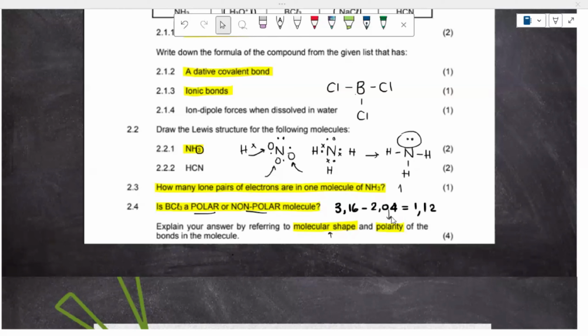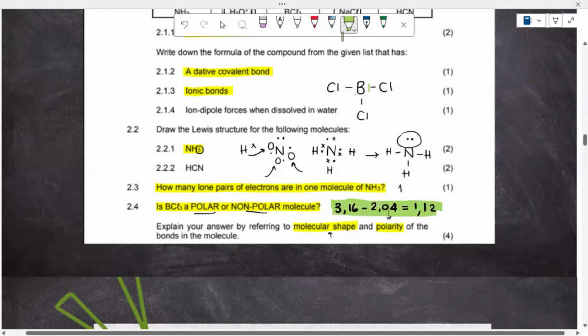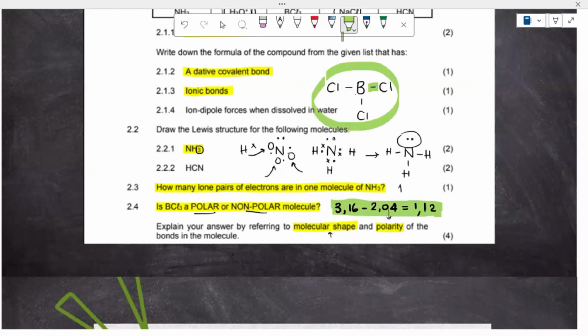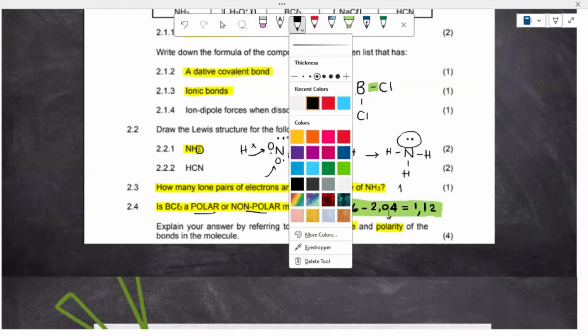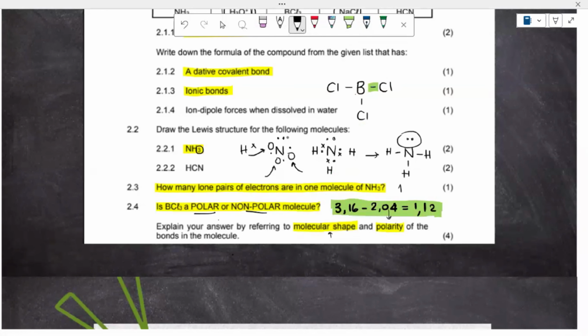Okay, so this step over here, the one I wrote out, I just did it to show you guys and bring attention to the idea that just because this bond is polar doesn't mean that the entire thing is polar. This wasn't necessary because we were looking at the entire molecule, not necessarily the specific bond. So you were right in saying that there's an even distribution of charge, but if there's even distribution, that means it's a non-polar molecule.